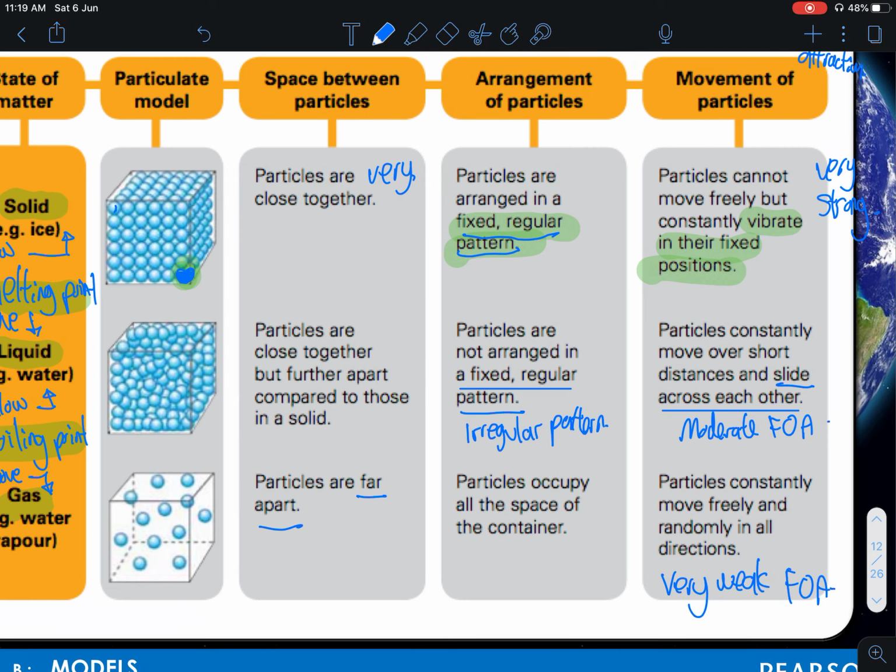Because you have no tight bonds towards each other and so much space, you tend to move very freely. So we talk about motion: you will tend to move freely in all directions at high speed.